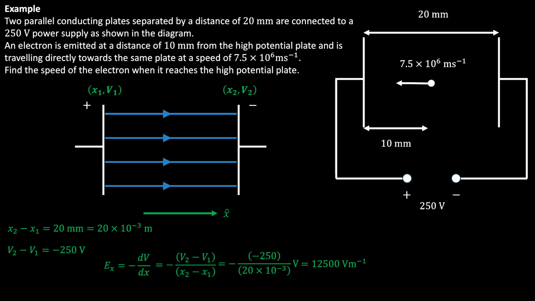To get the acceleration of our electron, we use Newton's second law, which is Fx equals m ax, where Fx is the resultant force along the x-axis, m is the mass of the electron, and ax is the acceleration along the x-axis.